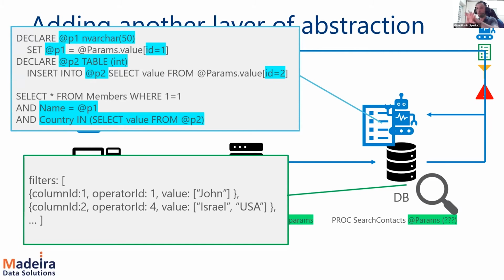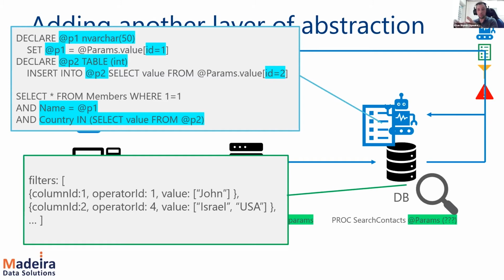Everything you see here is dynamically constructed by this parser. What I marked here in blue is the way for the parser to reference each parameter provided by the user. Notice there is no concatenation here of actual literal values. All of these parameters are passed over from this single parameter collection provided from the GUI, from the end user.